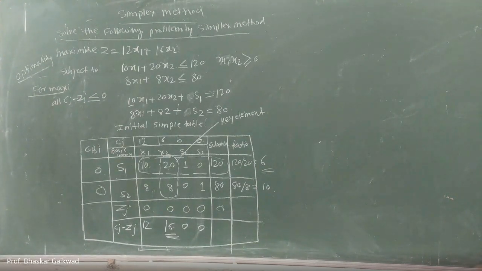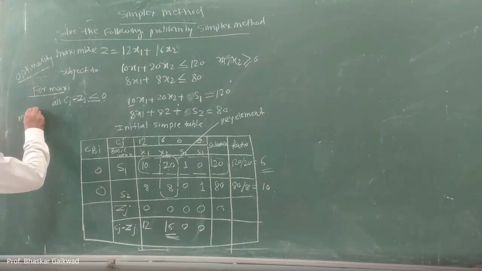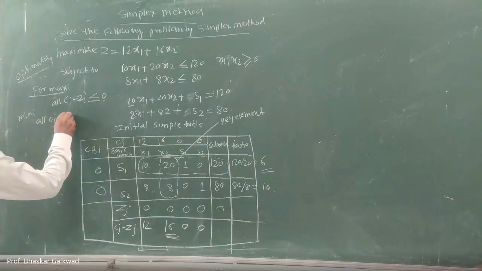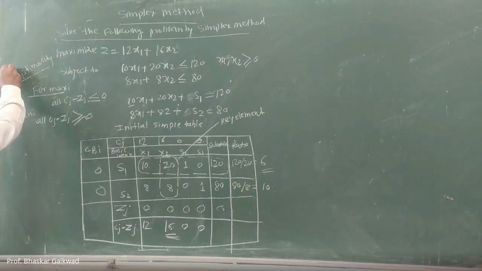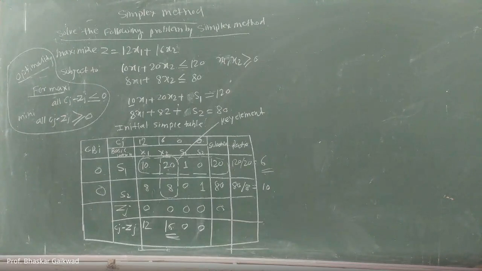But for minimization, all Cj minus Zj should be greater than or equal to 0. These conditions you have to remember. Up to here it is clear.